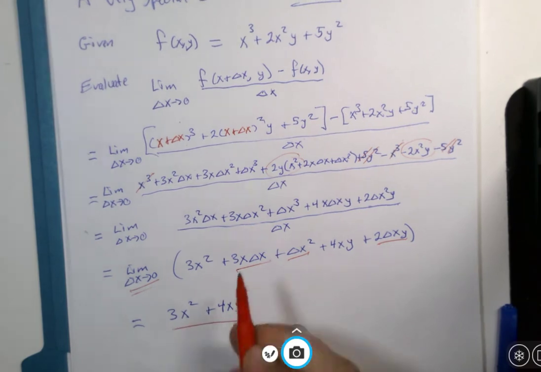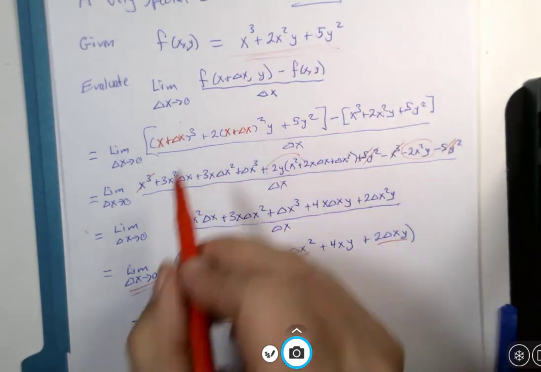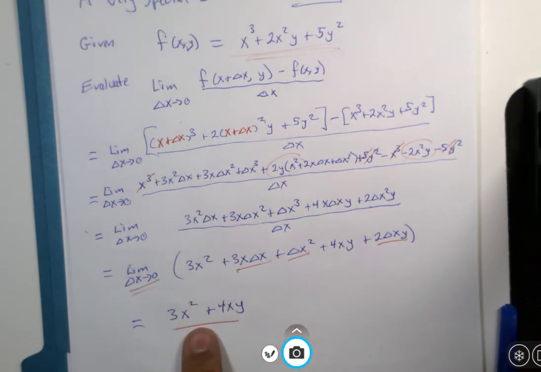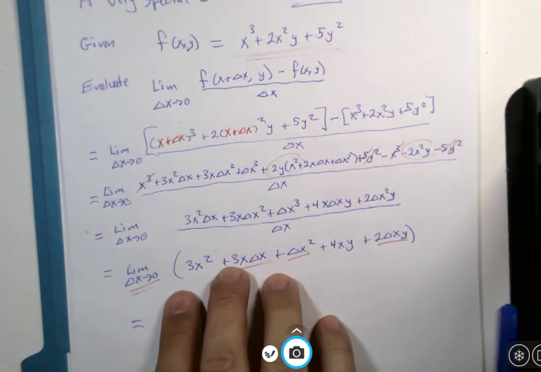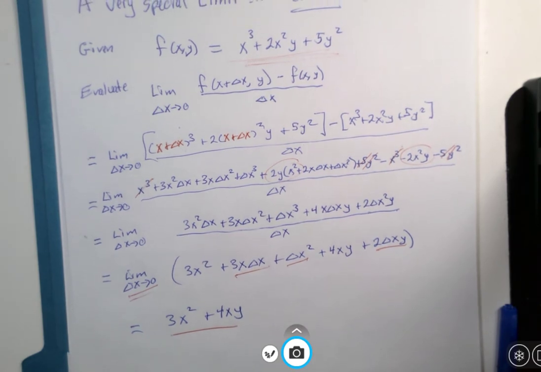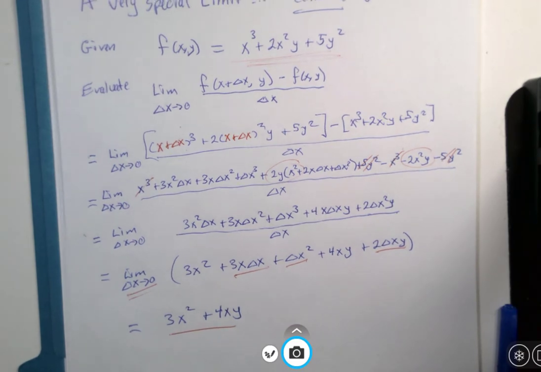So this function we started with, we've taken a type of limit and reduced it to 3x squared plus 4xy. I wonder if there's something to be discovered here. But I've got so much algebra in between, I'm kind of going algebra blind. So let me see if I can't compile the information in a little bit more organized fashion for us. Now, pay attention here.